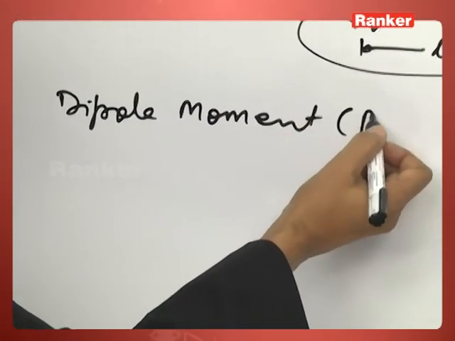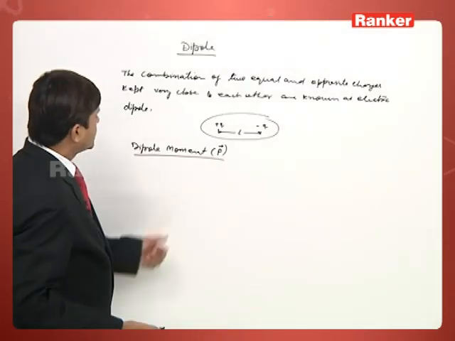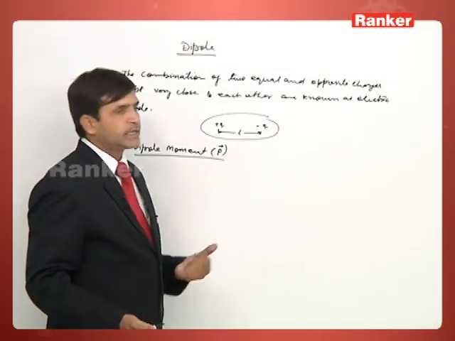Dipole moment is a physical quantity we are defining with a capital P, and it is a vector quantity.